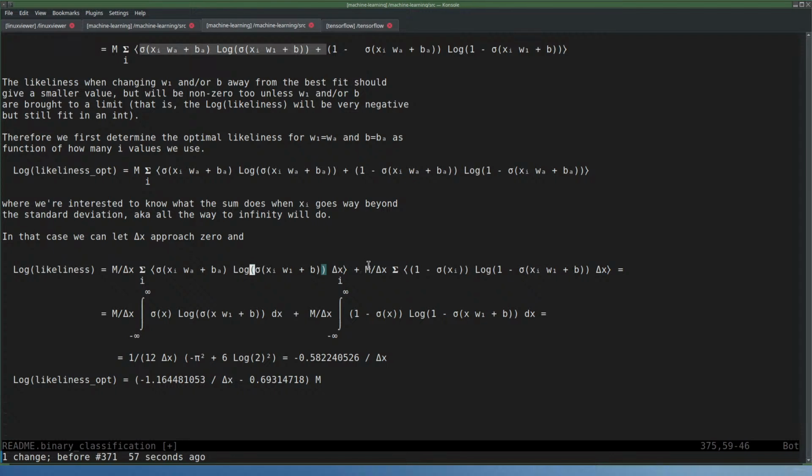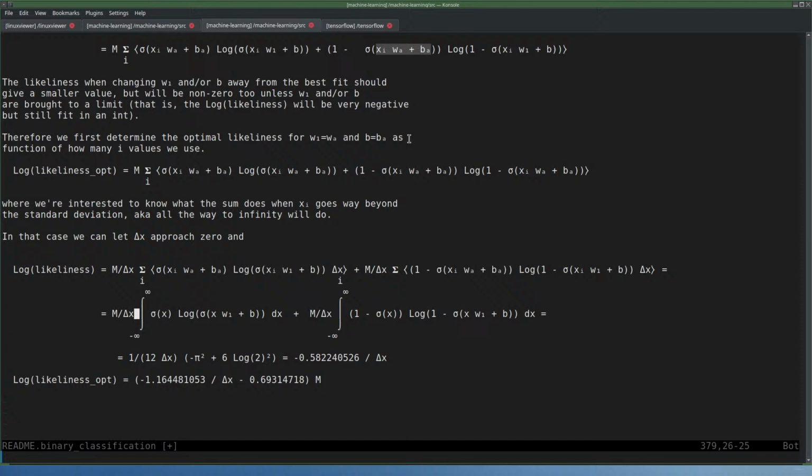And then again here, m divided by, so this m divided by delta x times delta x. And then the sum of this term, which is 1 minus sigma, and then I have to change that again. This sigma times, yeah, now it's correct.